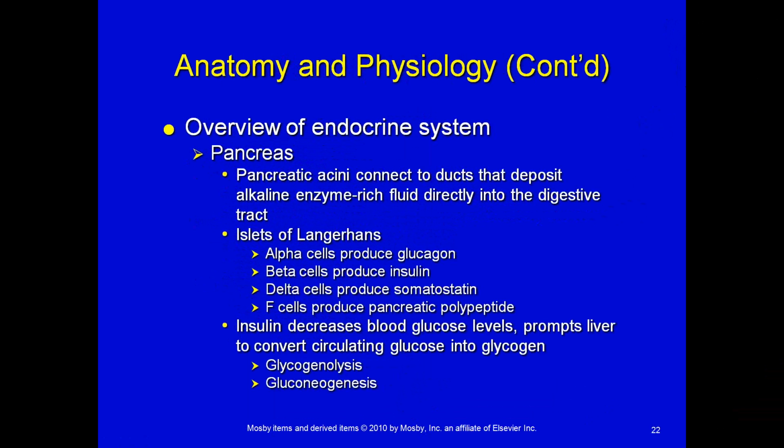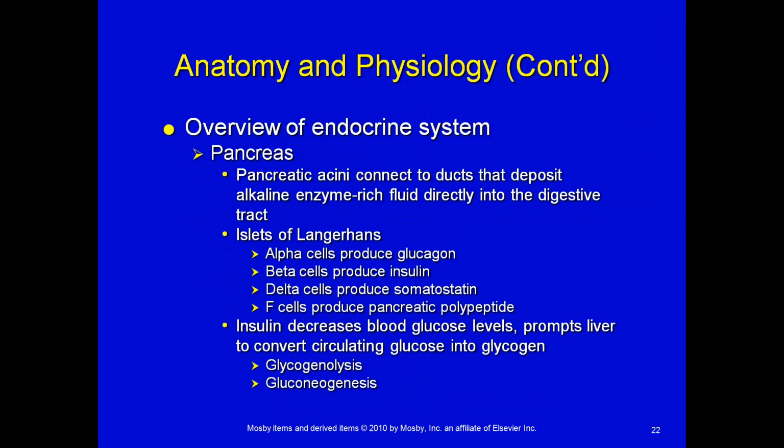The pancreas sits in the abdomen just below the stomach and reaches back into the retroperitoneal space. The pancreatic acini connect to ducts that deposit an alkaline enzyme-rich fluid directly into the digestive tract. And the fluid is pancreatic fluid, which is used in the digestion of amino acids. The islets of Langerhans produce several cells.